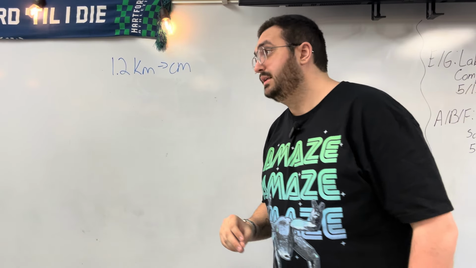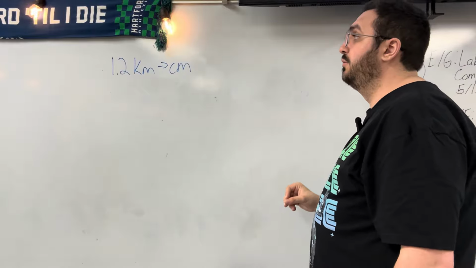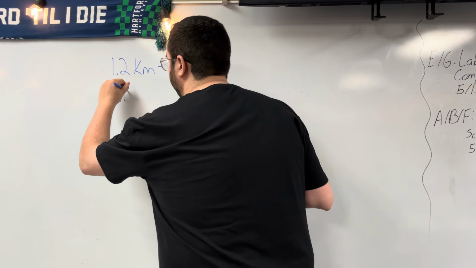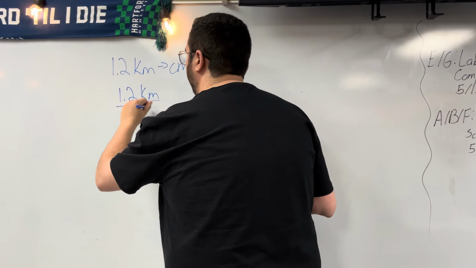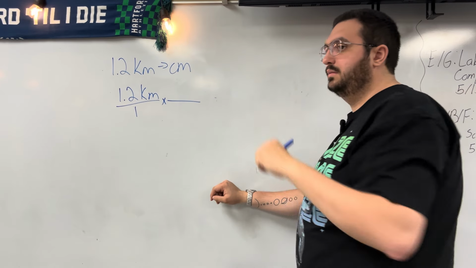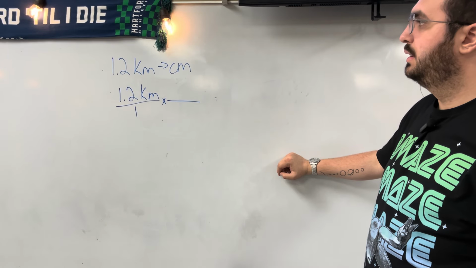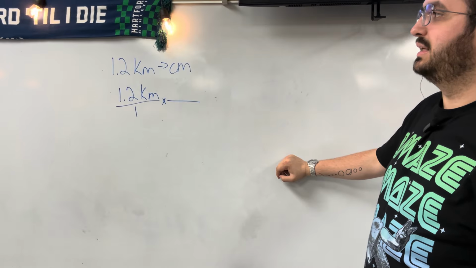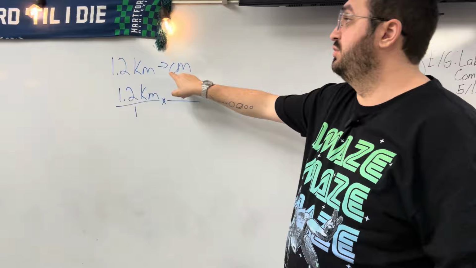So, as per usual with dimensional analysis, we start off with our given piece of information, 1.2 kilometers in this case. And we put it over 1. Next up, we are going to see what we can do conversion-wise. I don't have a direct conversion from kilometers going to centimeters.